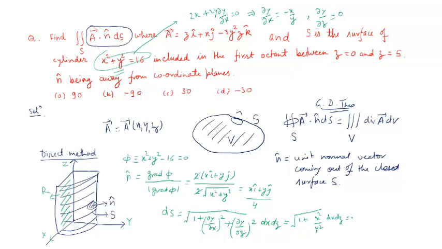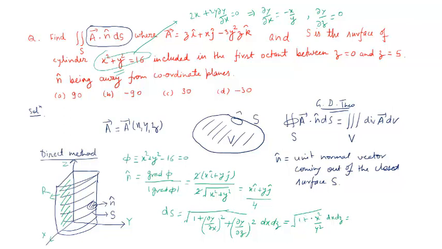Now this is square root of x square plus y square upon y square, and again along this surface S, x square plus y square is equal to 16, so we can substitute here.